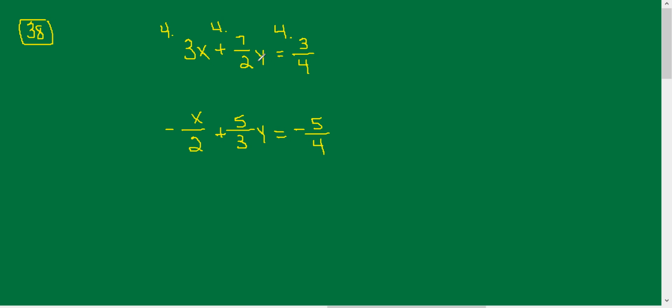And that's going to make it, let's see, what will that make it? I hope I got room. 12x plus 14y equals 3.